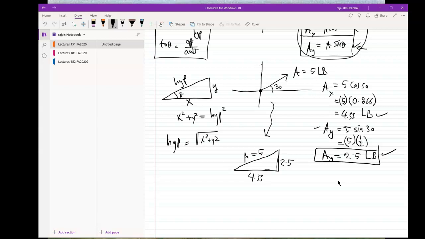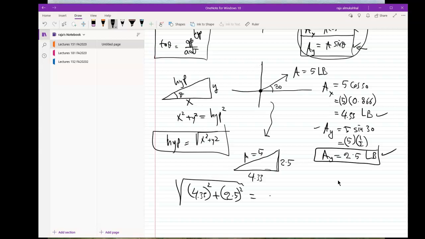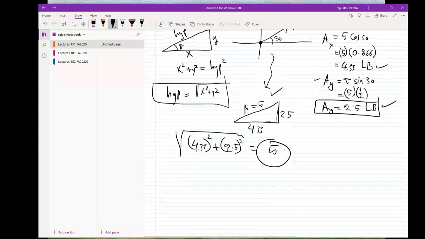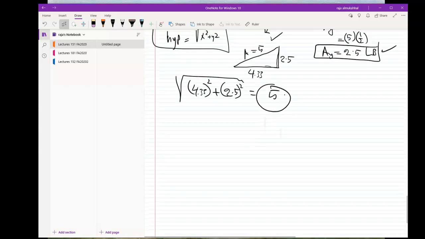If I would use the Pythagorean formula, in other words, 4.33 quantity squared plus 2.5 quantity squared, all of that under the root. Go ahead and use your calculator. I bet you're going to get 5. You're going to get the hypotenuse there. You do the calculations. So this is important. Keep that in mind.